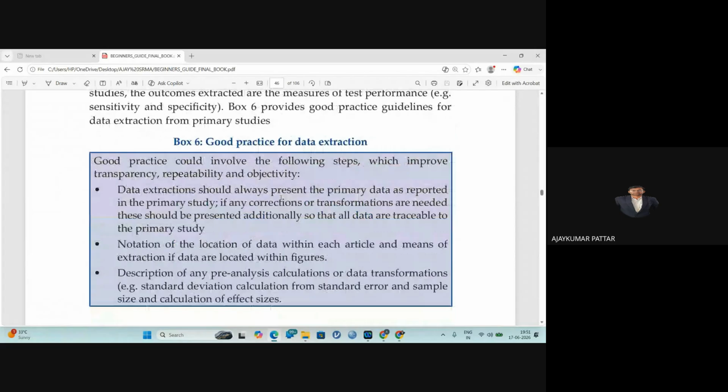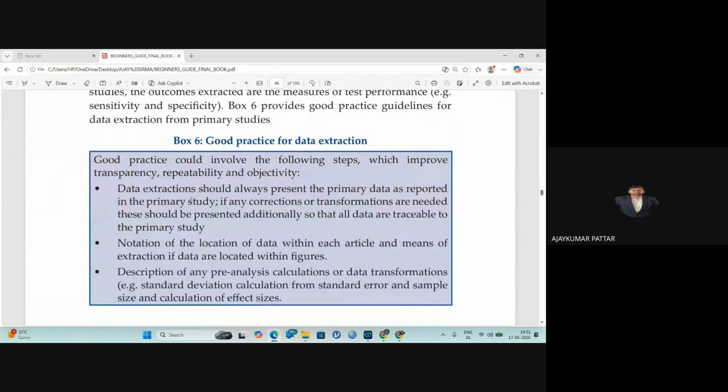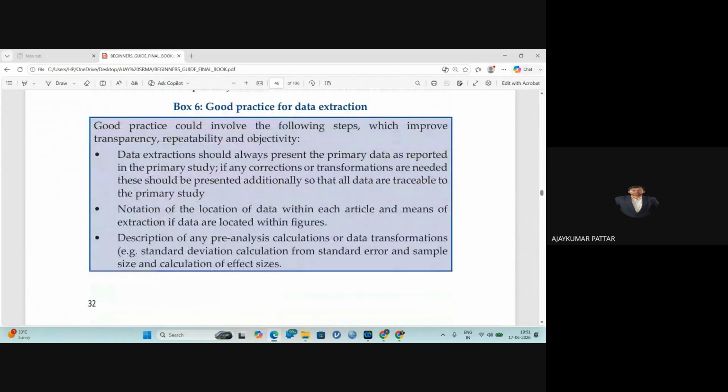So, good practice for data extraction. These are some points they have mentioned. Data extraction should always present the primary data as reported in the primary study. If any corrections or transformations are needed, they should be presented additionally, so that all data are accessible from the primary study. For example, what is the mean of this? We have to express it the same way as in the primary study.